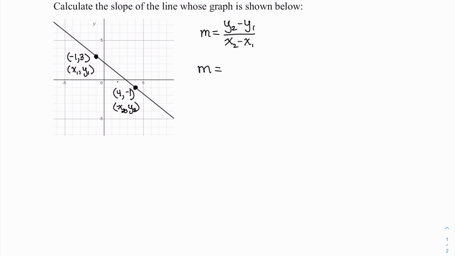So our slope is, for y sub 2, we find y sub 2, and that's under the number -1.